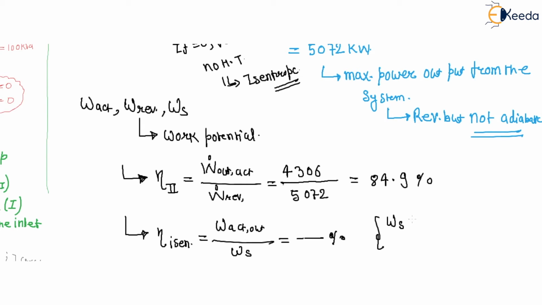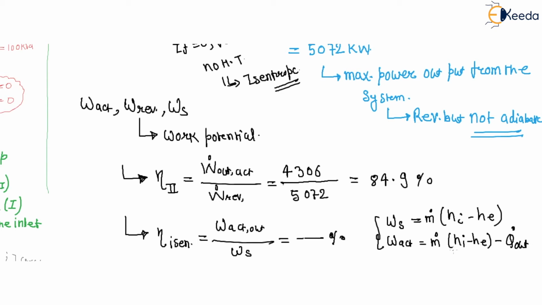So Ws we calculate as m dot Hi minus He. And what is the actual work? W actual is m dot Hi minus He minus heat transfer out.